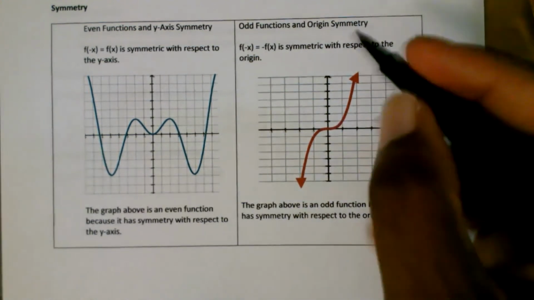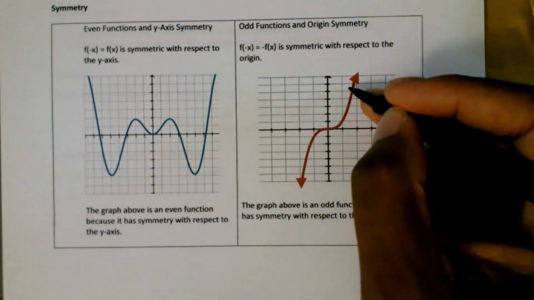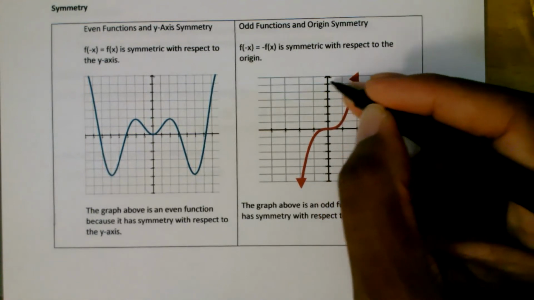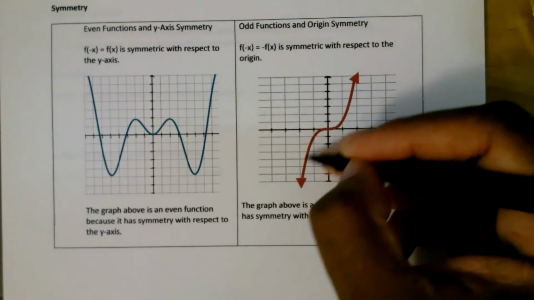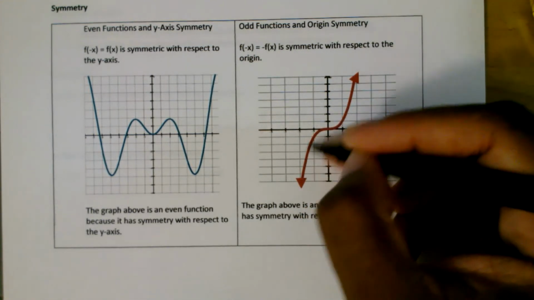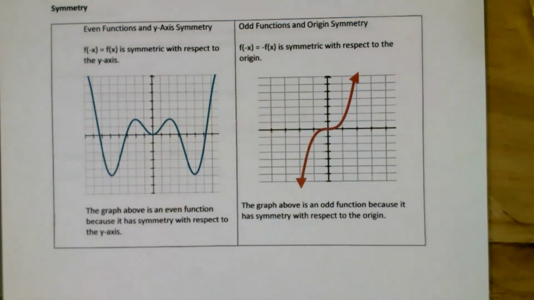In other words, if I take this top part of the graph that's on the right side of this y-axis and rotate it, it would lie directly on top of this bottom piece of the graph. All right, so that means that the odd function would have origin symmetry.